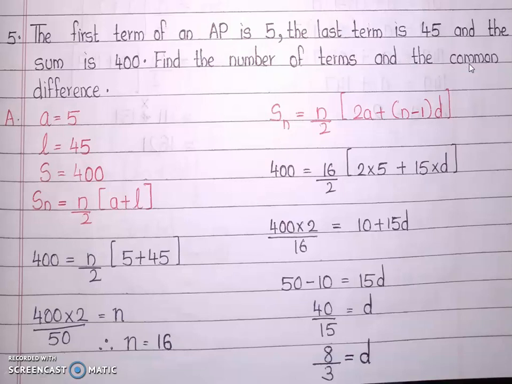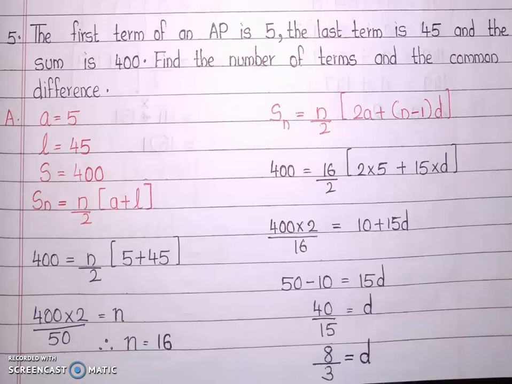And one more you have to find, the common difference. So you cannot get the common difference from this. Why? d is not in the formula. So you will go for Sn is equal to n by 2 into 2a plus n minus 1 into d. Why did you use this formula? Because here d is involved and all other three quantities are known to you.